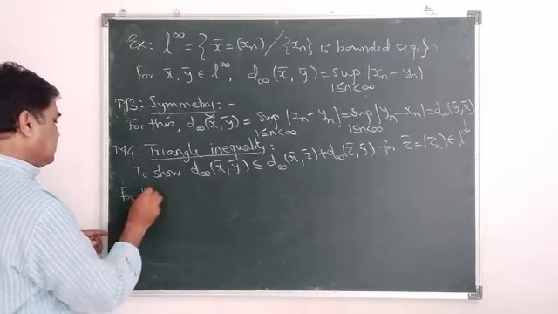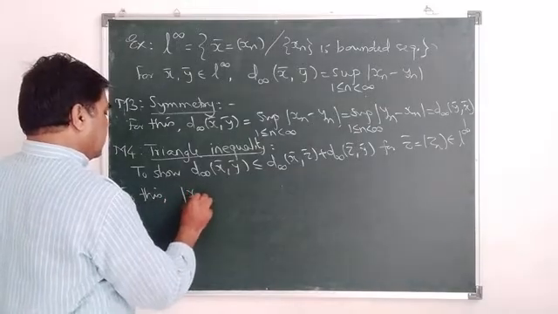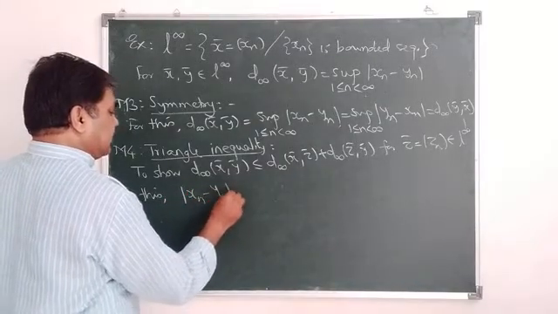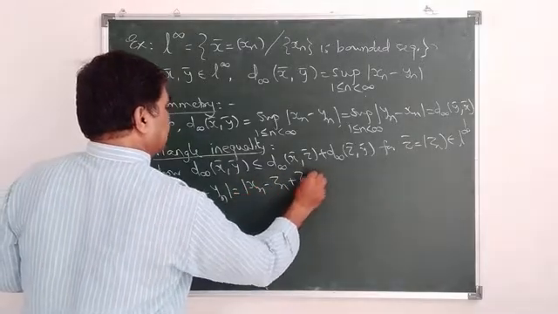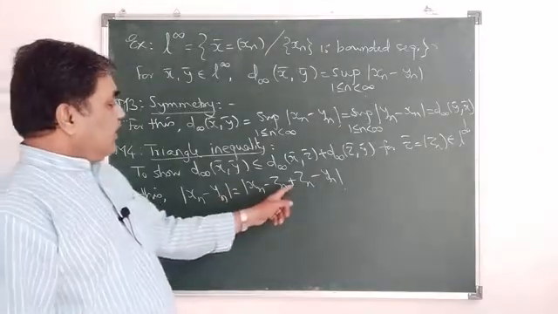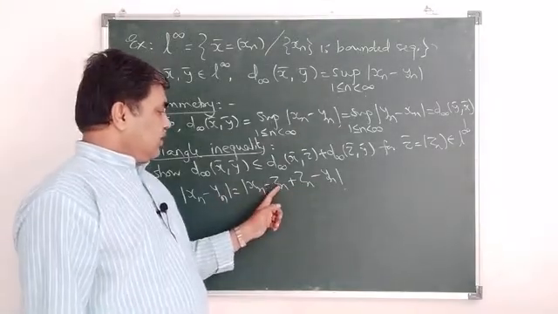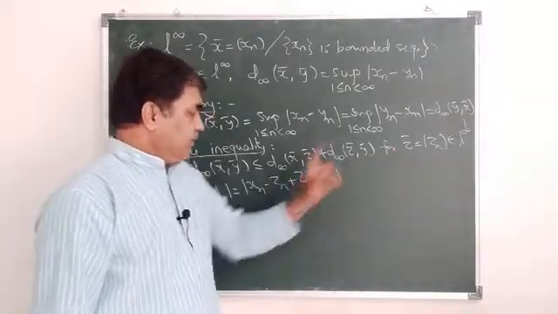For this, mod of xn minus yn is written as mod of xn minus zn plus zn minus yn. What I am doing, I am subtracting and adding the nth term of sequence zn.